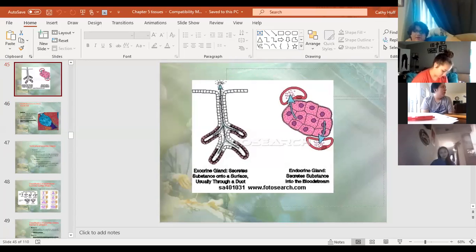So my exocrine gland, this is exocrine. You see this little hallway right here? That's a duct. Here is my endocrine gland. I have blood going directly in, picking up a shipment and leaving. So this is what we're talking about. Exocrine, I'm depositing my stuff somewhere other than the blood, and I do have a duct. Endocrine, I'm putting my stuff directly into the blood, and I don't have a duct.